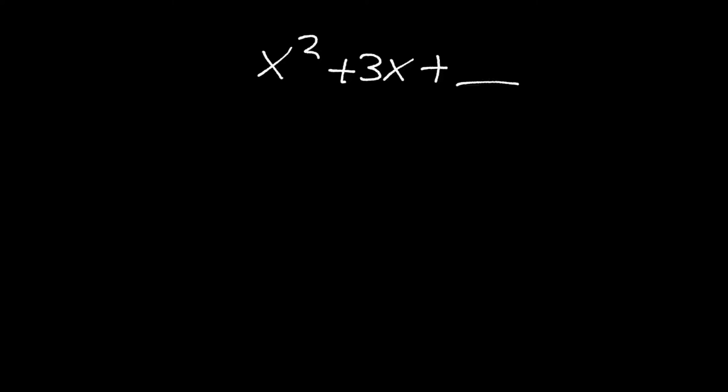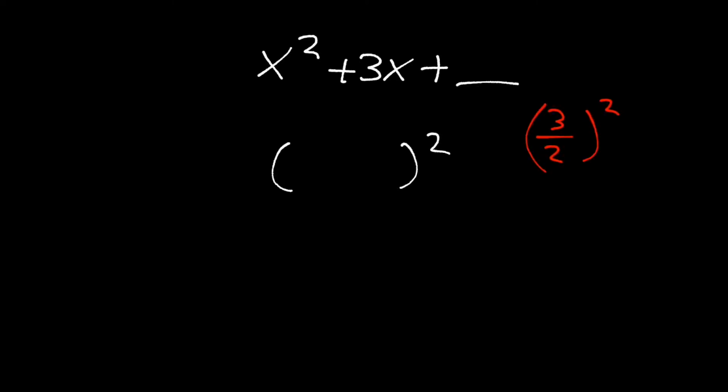Here we have x squared plus 3x plus something, and once again we are trying to complete the square so that we can condense this trinomial down into a perfect square binomial. Just like before, it all hinges around b, our single x term. We're going to take that 3, cut it in half, and square it.